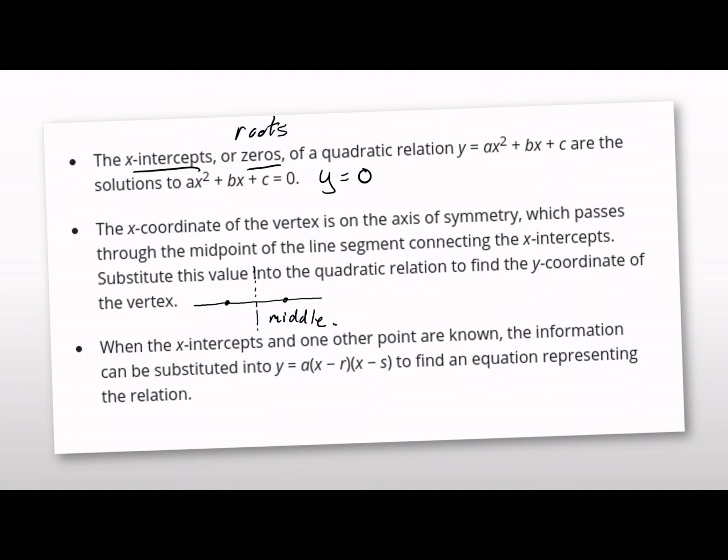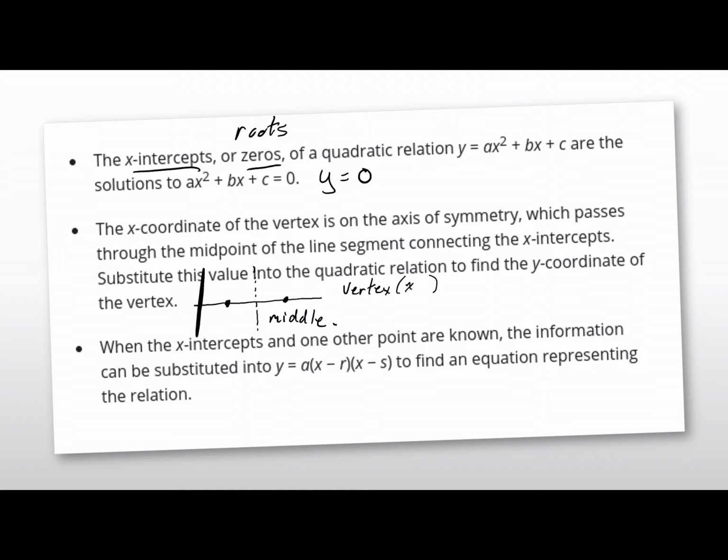It doesn't matter where the y is; the midpoint between the two x-intercepts is our axis of symmetry, which is also the x of the vertex. Then we just substitute that x in to find the y.